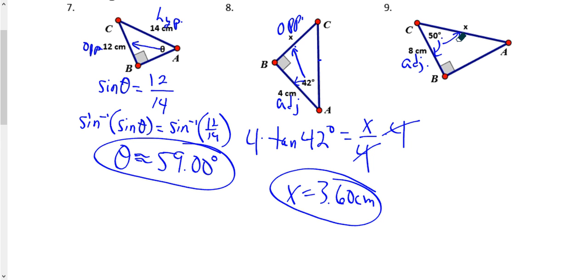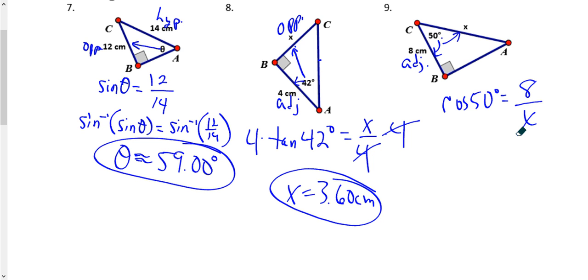Which trig function uses adjacent and hypotenuse? Cosine. So what's your equation? Cosine of 50 degrees equals adjacent over hypotenuse, x over 8. That's how you get the equation.